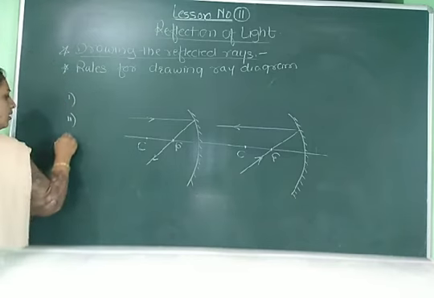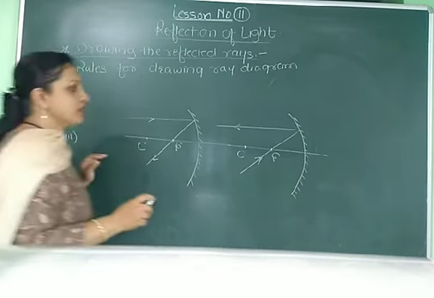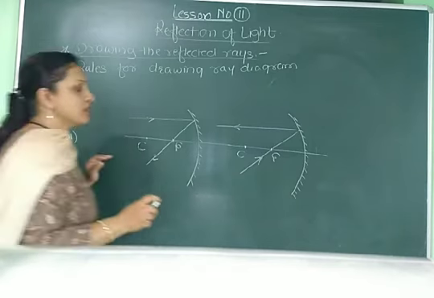Now what is the third law? Again we have to draw a concave mirror. Consider this is a concave mirror and this is the principal axis. Suppose this is the center of curvature and this is the focus. Now what is the third rule in order to draw the ray diagram?